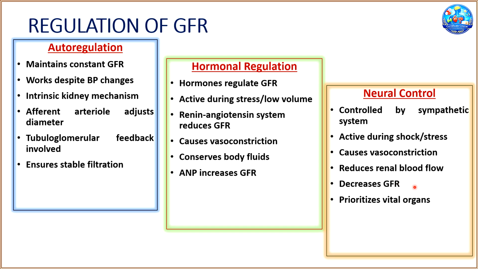This in turn decreases the glomerular filtration rate, and the priority would be pumping blood to the vital organs. So this is how these three systems regulate GFR, that is autoregulation, hormonal regulation and neural control.